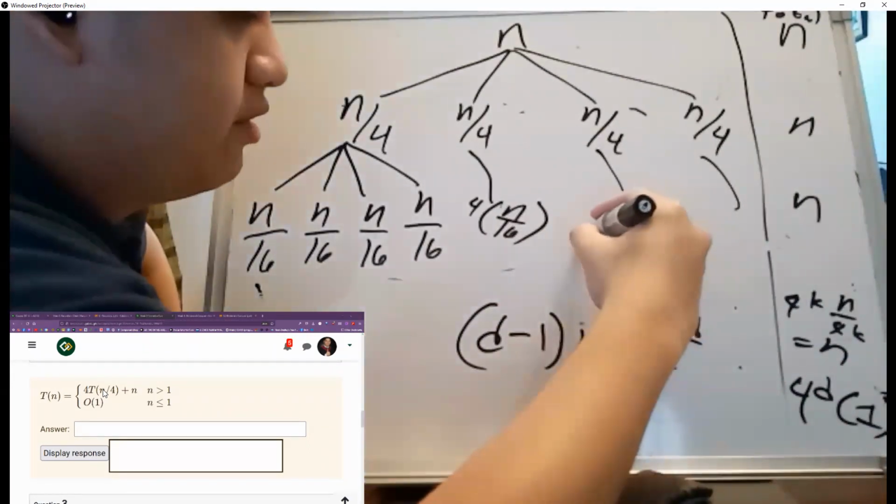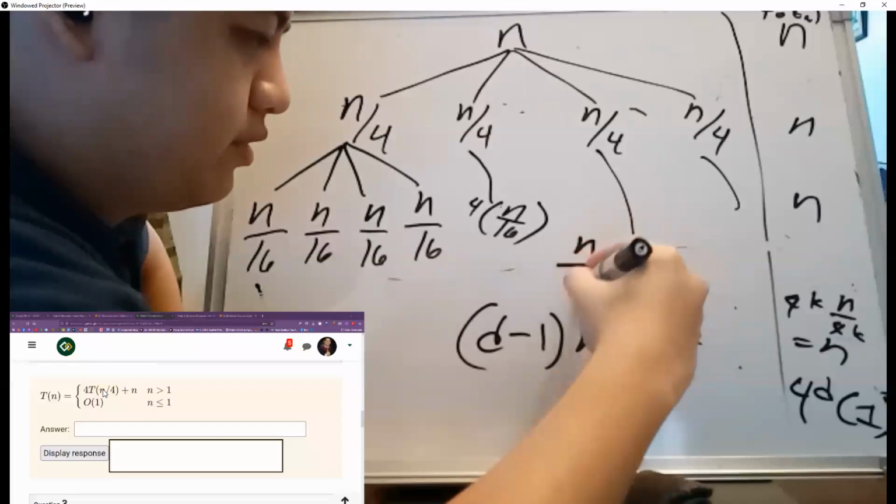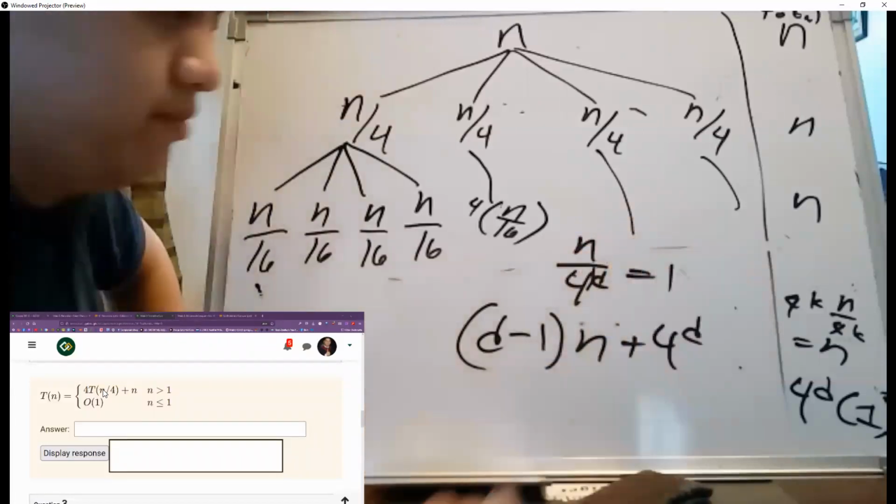And then, ayun nga, ang ating depth ay equal siya kay, pag si n divided by 4 to the depth equal siya kay 1.